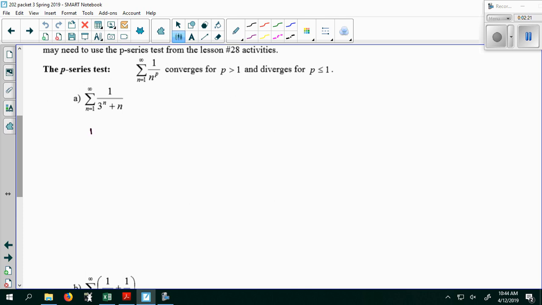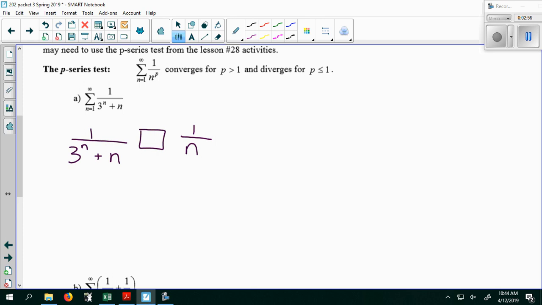So let's look at 1 over 3 to the n plus n, and I'm going to compare it to, say, 1 over n. Less than or greater than? The denominator is bigger. This denominator is n, and this denominator is n plus some positive amount.